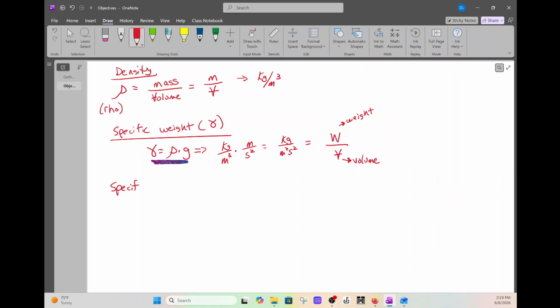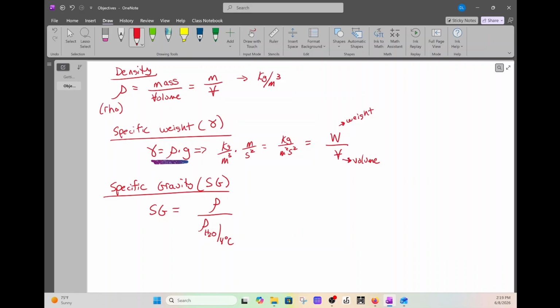Specific gravity, SG. SG equals the density of the fluid over the density of water, H2O, at 4 degrees C. Okay, and this is dimensionless, meaning that it's no unit.